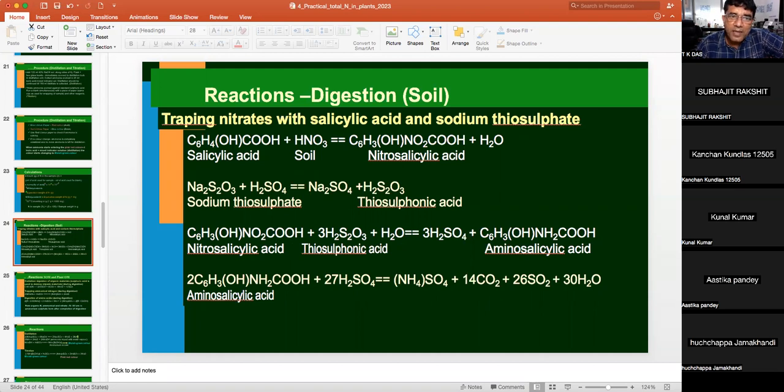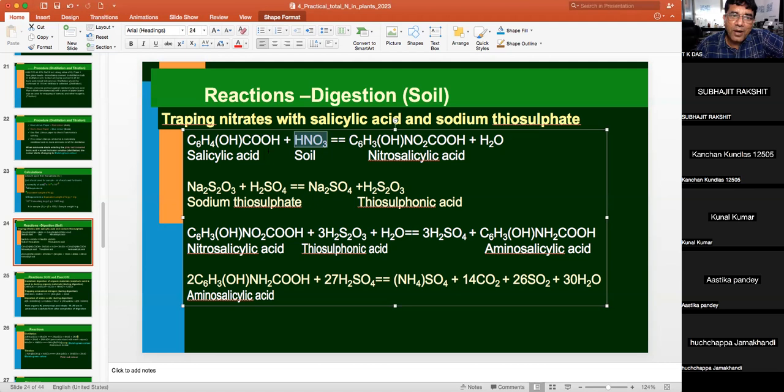In soil, the nitrogen is present in the form of HNO3. Don't consider it as nitric acid. Of course, it is nitric acid, but it is representing nitrate nitrogen in soil.